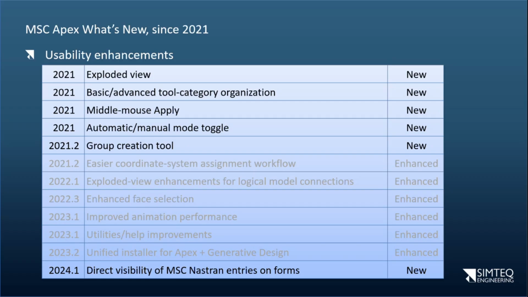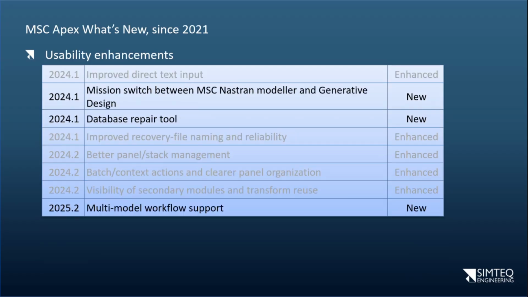And then in 24.1, the direct visibility of MSC Nastran entries on forms. Right, and then lastly, the improved direct text input, the mission shoots between MSC Nastran modeler and generative design that I've just mentioned. There's a new database repair tool. So there was a lot of challenges with customers with large models.